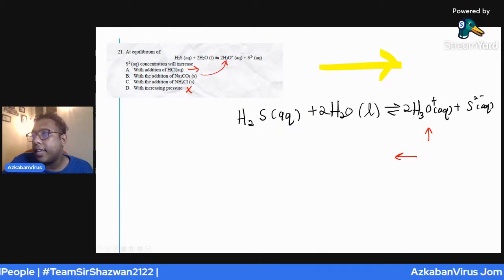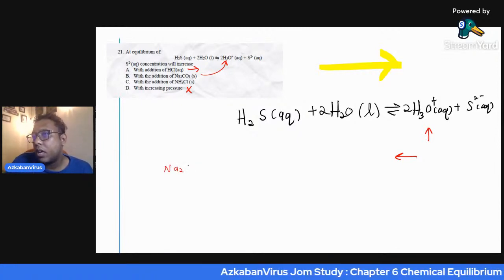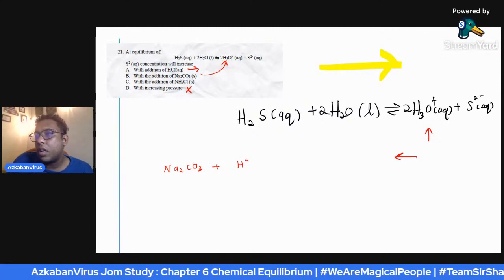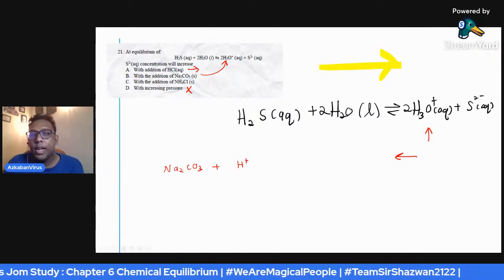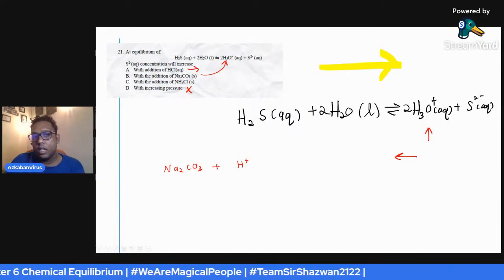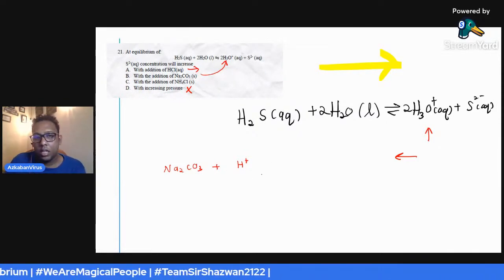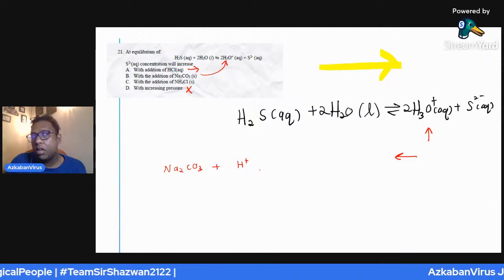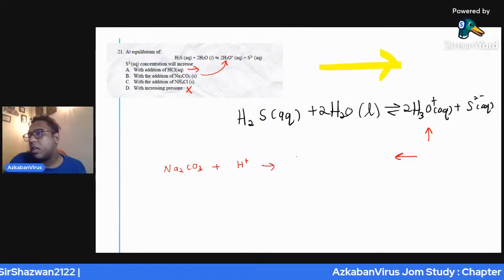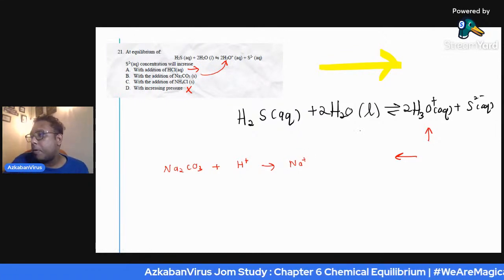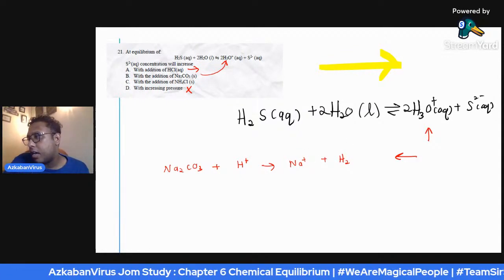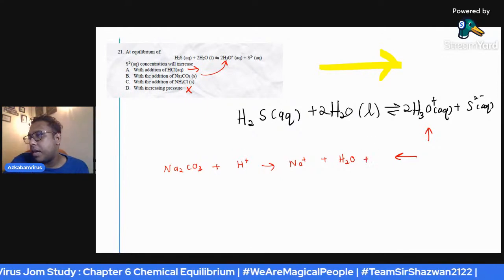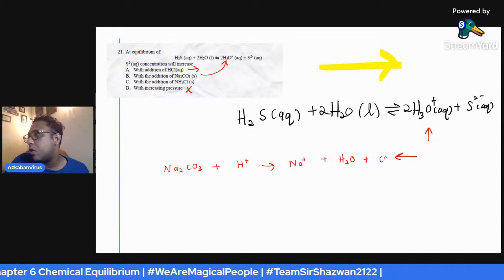Bila dia react dengan asid, dia akan menghasilkan garam karbonat, garam kita tambah air tambah dengan CO2.